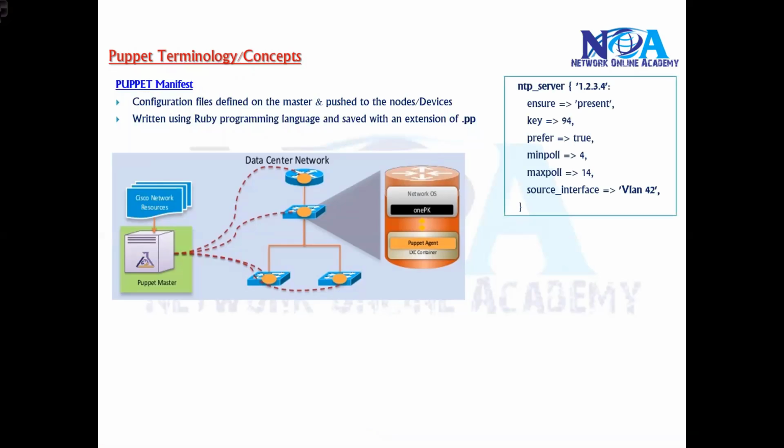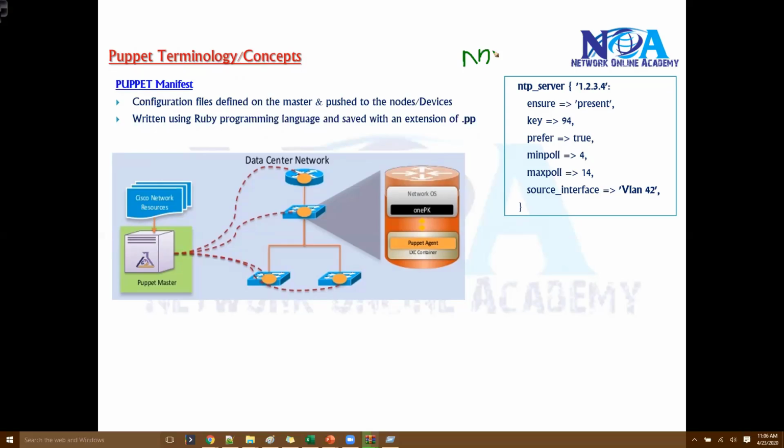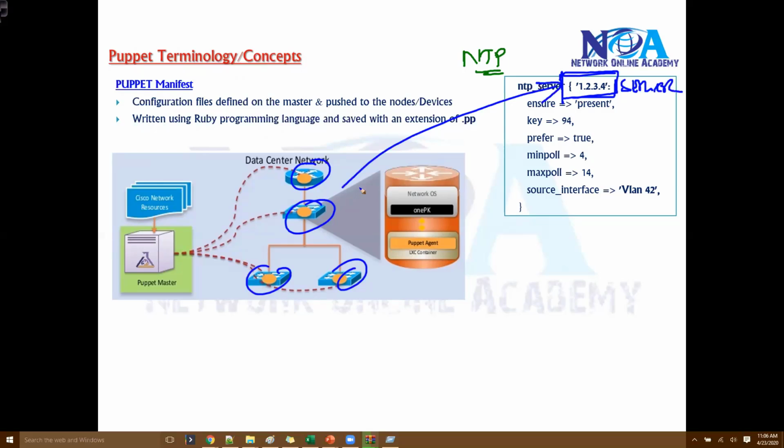Now, if you try to see some of the examples here, this is one configuration file example used inside Puppet. This is relevant to NTP configurations, Network Time Protocol, where you can have a common synchronized time. Here you can see there is a server with an IP address of 1.2.3.4. That's the IP address of the server, and I want these devices to contact the server and synchronize the time.